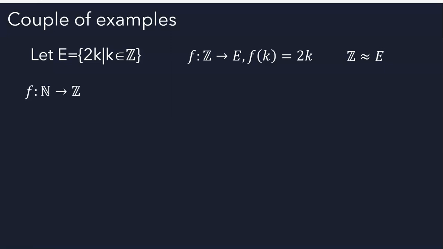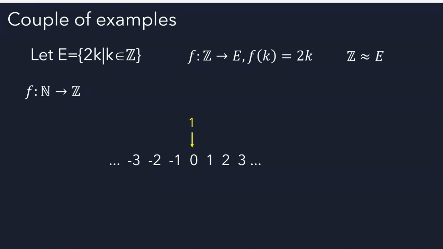Let's look at another one. I'm going to define a mapping from the natural numbers to the integers. Integers, so we've got all the negative whole numbers, the positive whole numbers, and 0. I want to find a mapping from N to Z that's one-to-one and onto. Let's start. The first number in N is 1. I'm going to let 1 be mapped to 0.